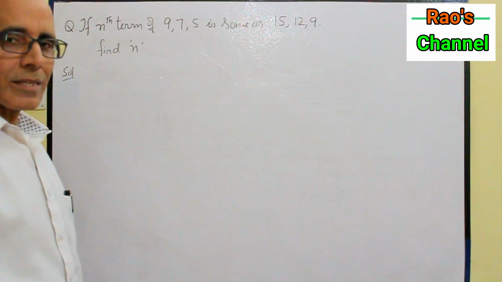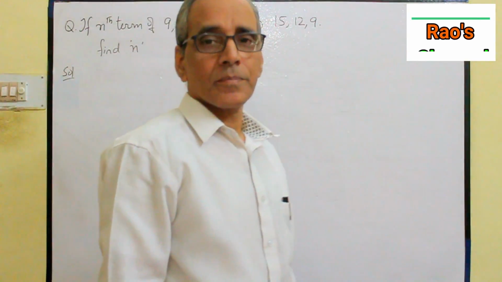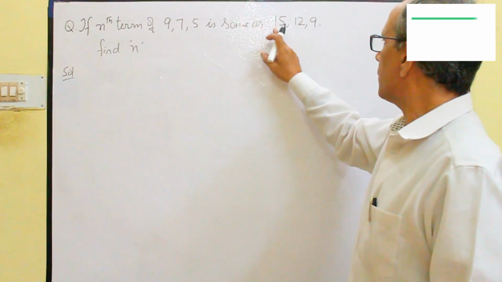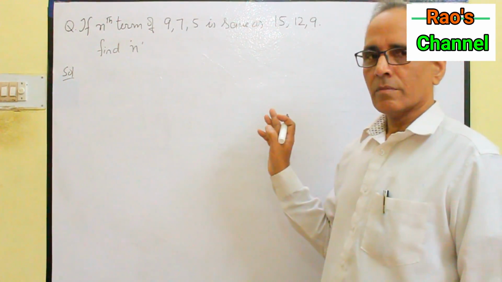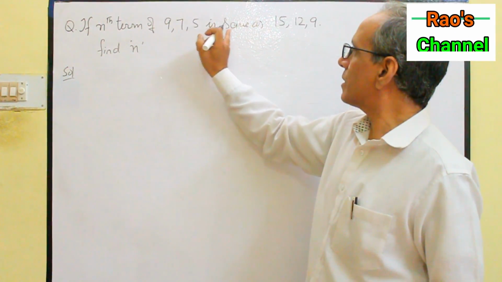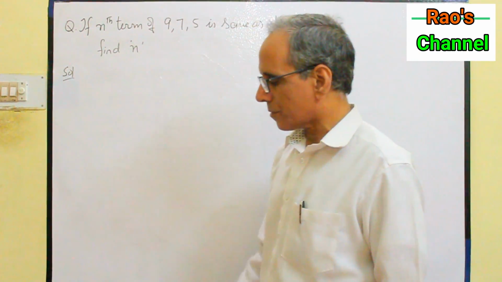Here we have two APs. The first AP is 9, 7, 5 and AP2 is equal to 15, 12, 9. The question is, in both the series, the nth term is the same. What is the n value?